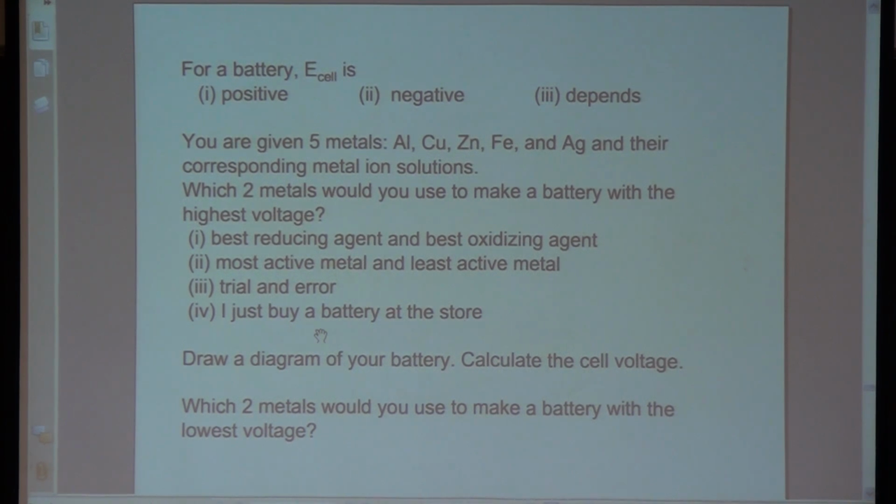This is actually an exam question. You're lost somewhere, or your car is out of gas and the lights just went out in your house. All your batteries are dead, but you have a couple of metals lying around the house with some metal ion solutions.